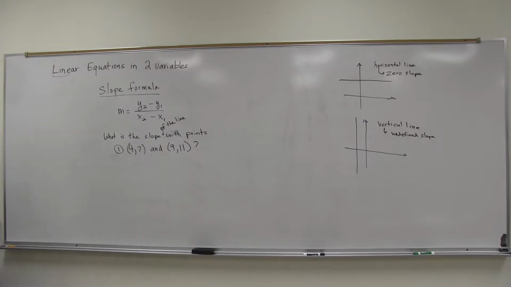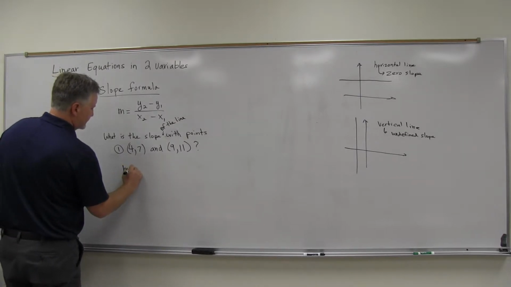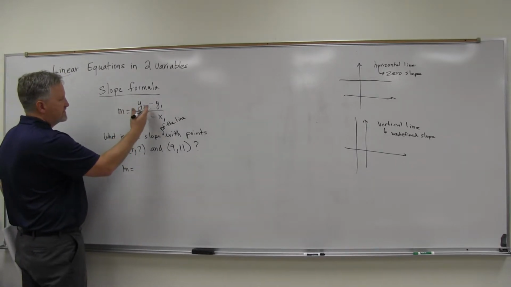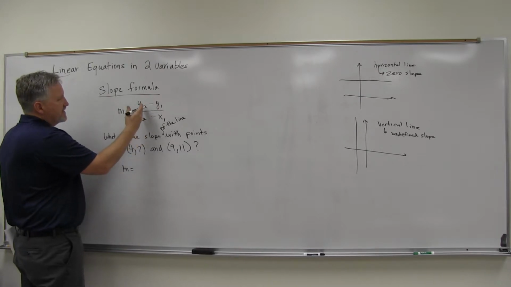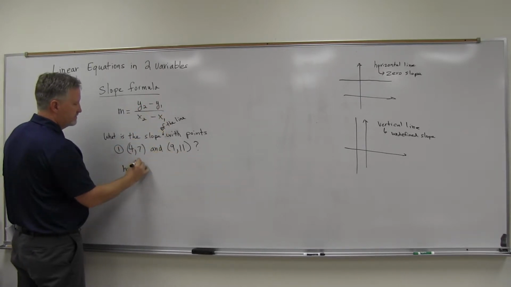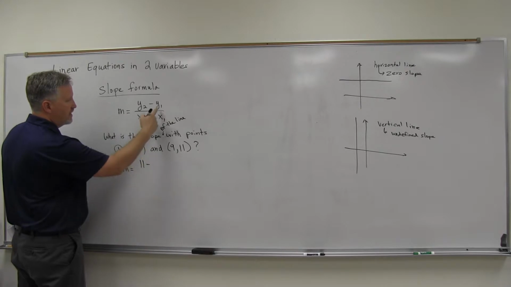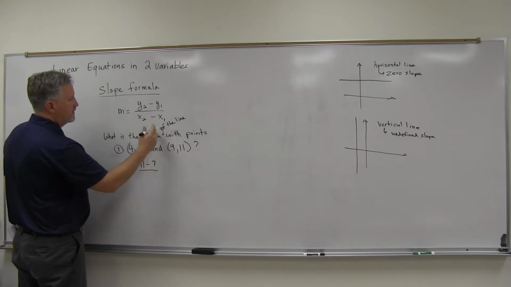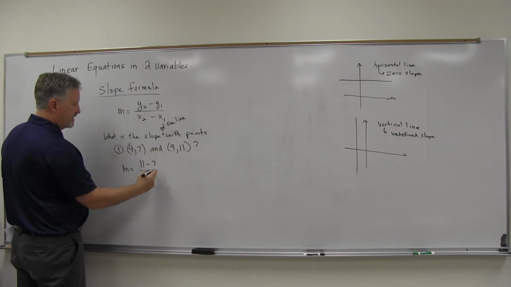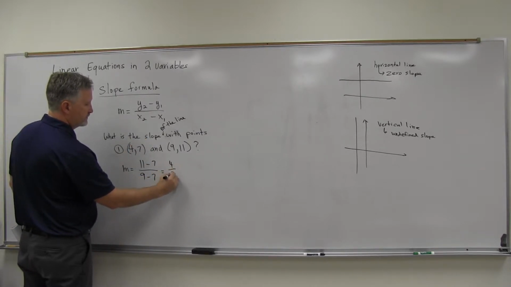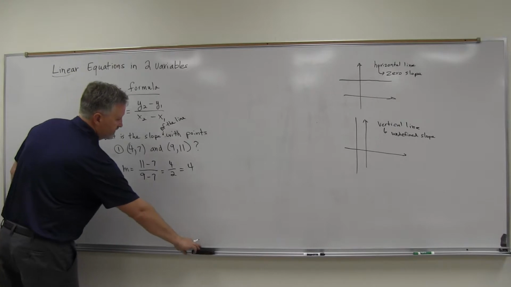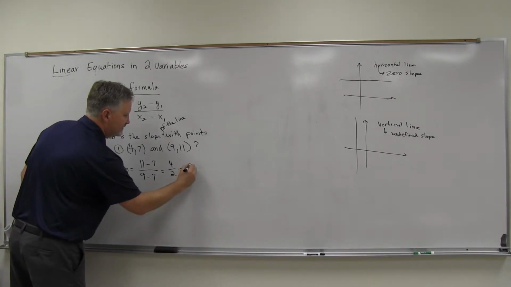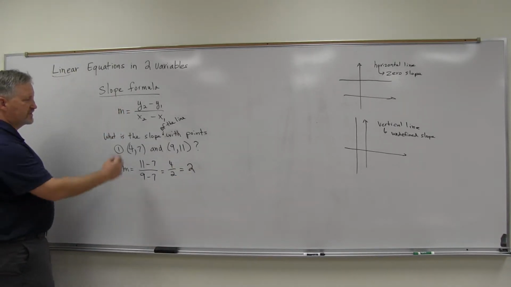It's just plugging in some numbers, right? Just designate the y's and the x's. It's the second y, which is 11, minus the first y, which is 7, over the second x, which is 9, minus the first x, which is 4.